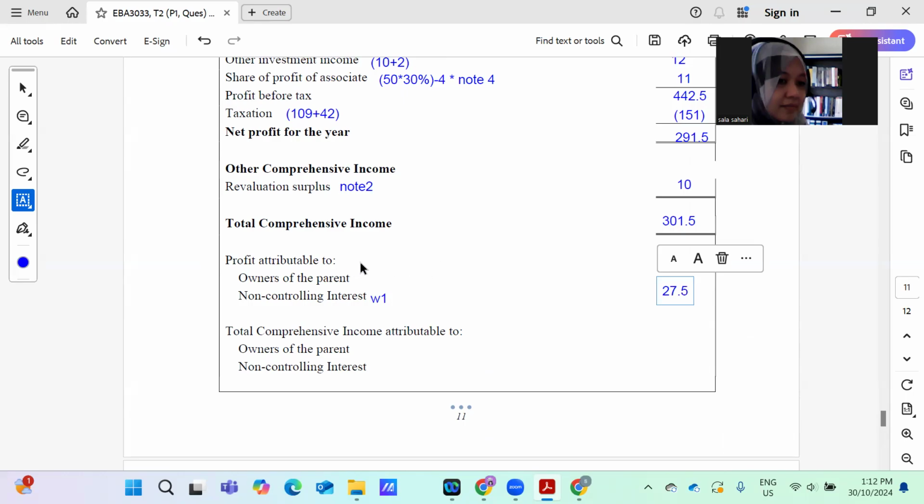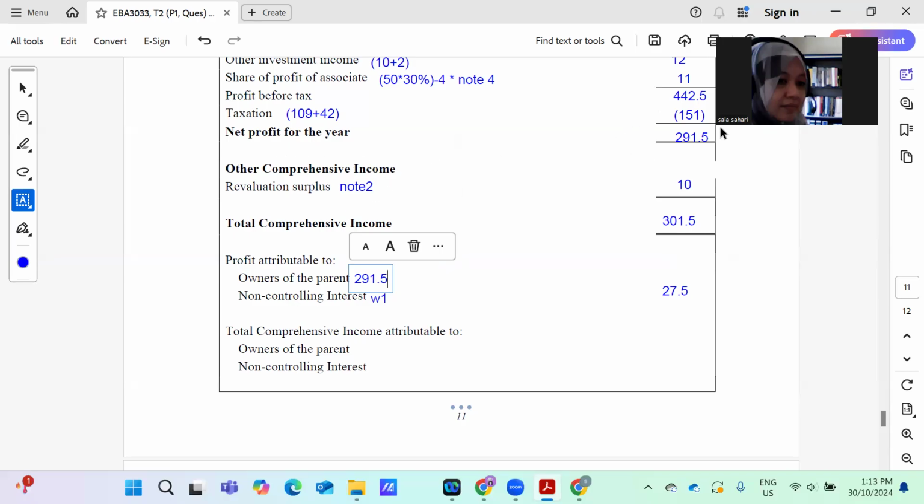If you look here, profit attributable to owner of the parent, how to get the figure for owner of the parent. If you realize just now, our profit is 291.5, right? I got from here, net profit for the year. Don't take the comprehensive income yet.